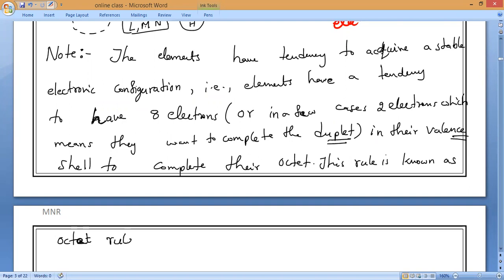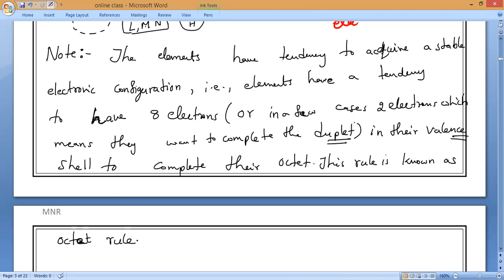Octet rule. All of you remember. So what do you mean by octet rule? The valence shell must have how many electrons? 8 electrons. That rule is called the octet rule. If it has only 2 electrons and only one shell, what is that shell's name? K shell.